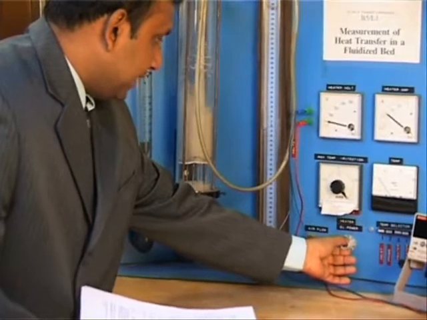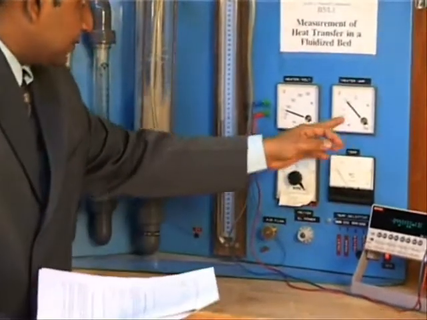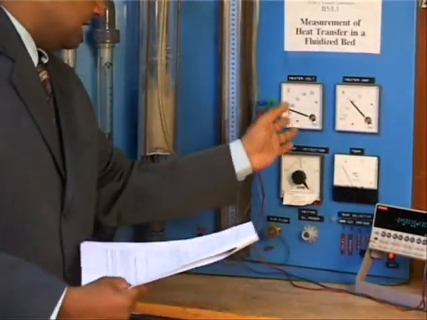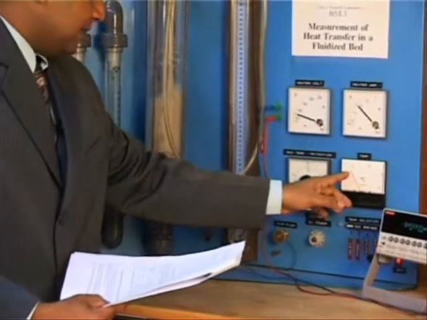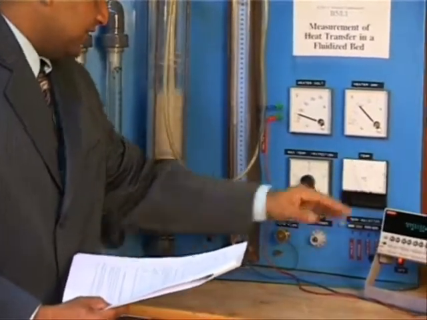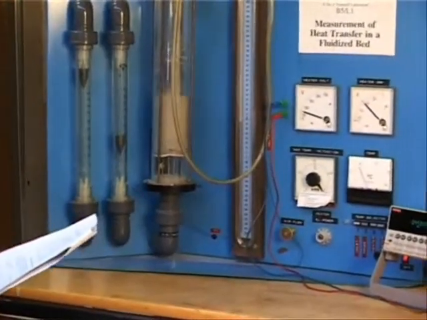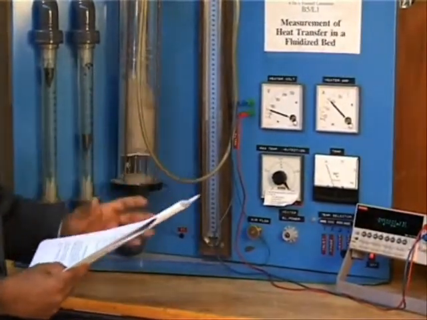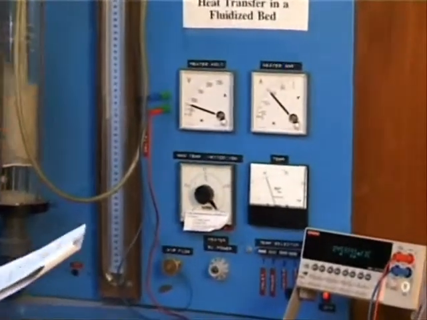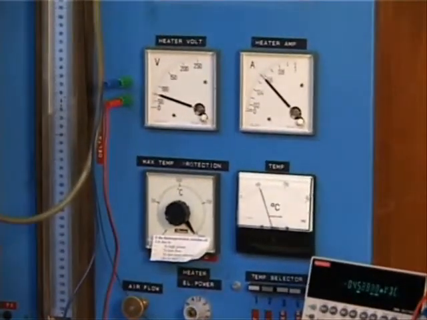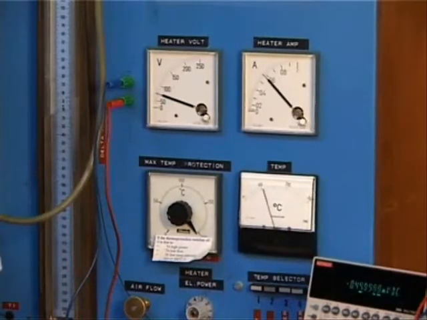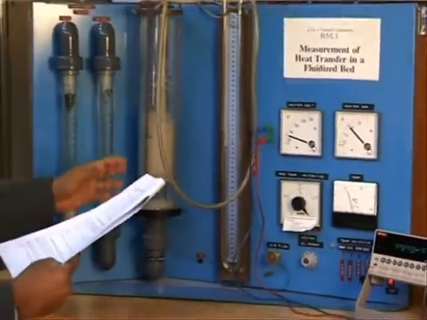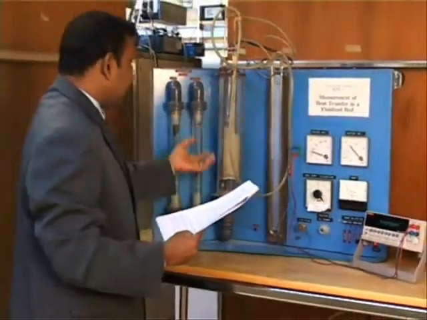You can see that when I am increasing power, we get readings on the ampere meter as well as the increased voltage, and then we can see the temperature is rising. I have to wait a little while to get stabilized at 190 centigrade, where the electrical power given out by the pipe is well balanced with the heat taken away by the fluidization flow.